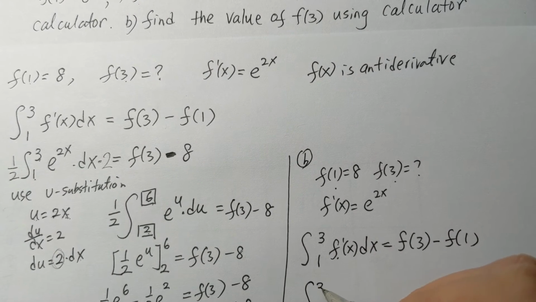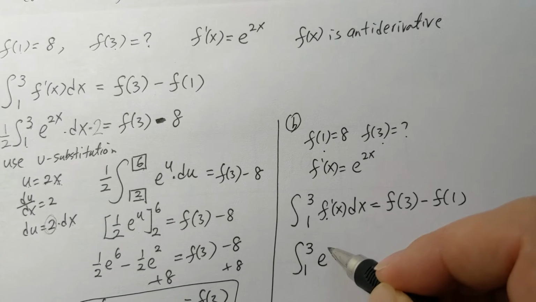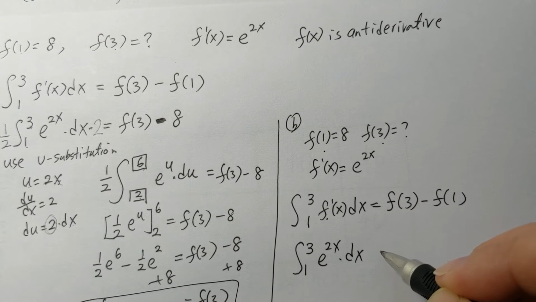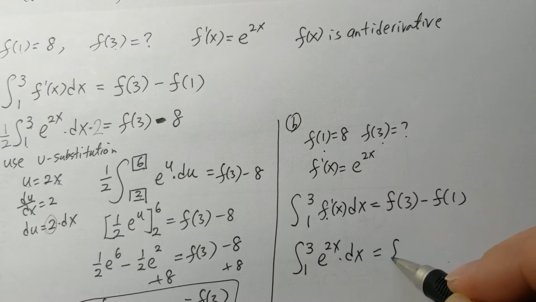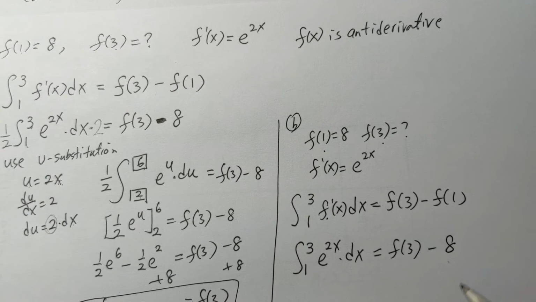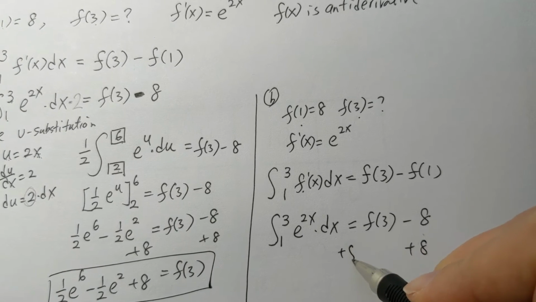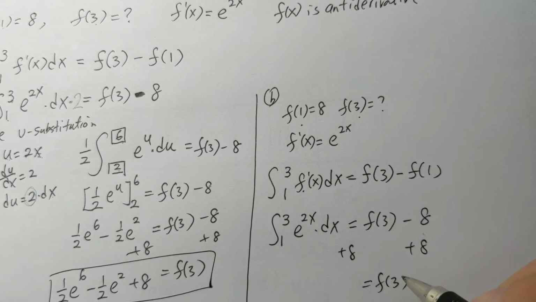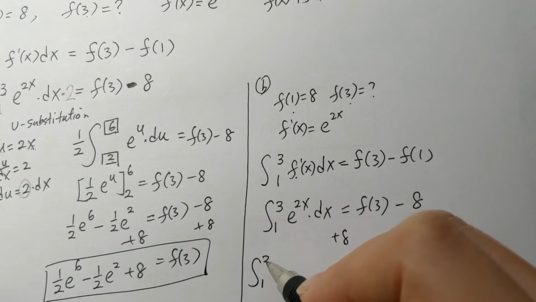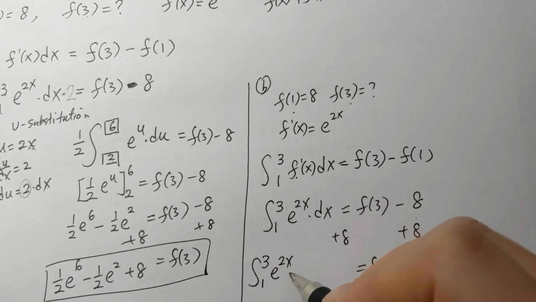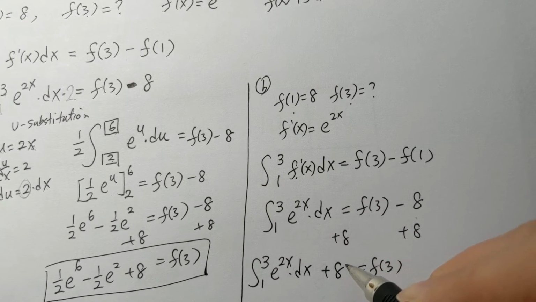So integral 1 to 3 e to the 2x dx equal to f of 3 minus 8. And this time I'm going to plus 8 on both sides first. So I get f of 3 equal to integral 1 to 3 e to the 2x times dx plus 8.